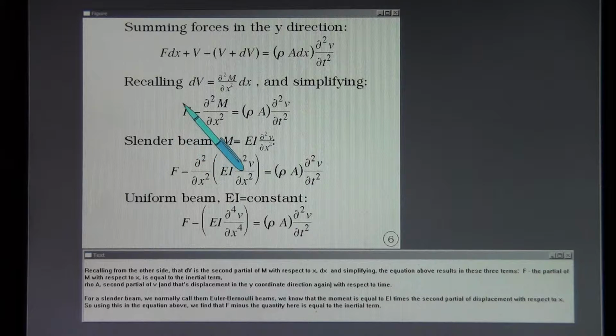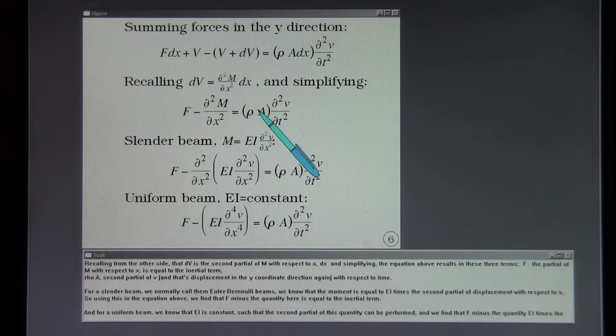F minus the second partial of m with respect to x is equal to the inertial term, rho a times the second partial of v, that's displacement in the y-coordinate direction again, with respect to time. For a slender beam, we normally call them Euler-Bernoulli beams, we know that the moment is equal to EI times the second partial of displacement with respect to x.